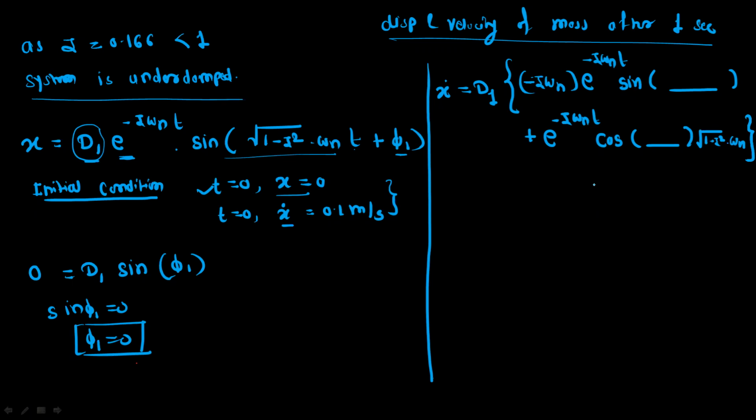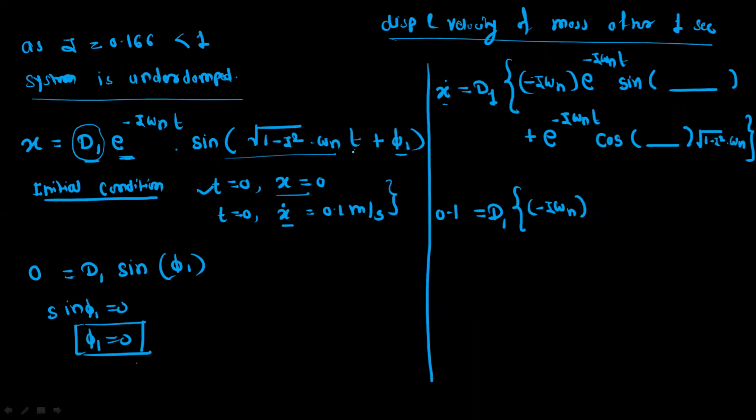Now use the second condition. At t equal to 0, x dot is equal to 0.1. So put the value 0.1 here, and this is equal to the constant d1 in the bracket, e raised to 0, which is 1. So this is minus zeta omega n, and in the bracket we have this term.